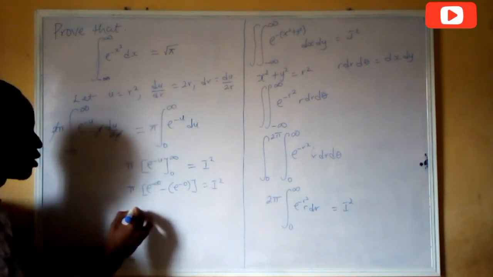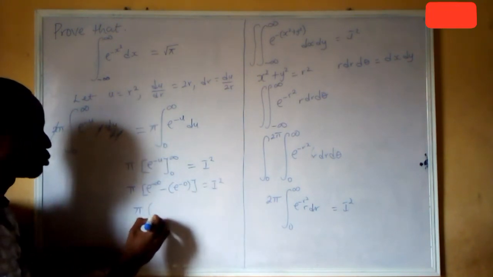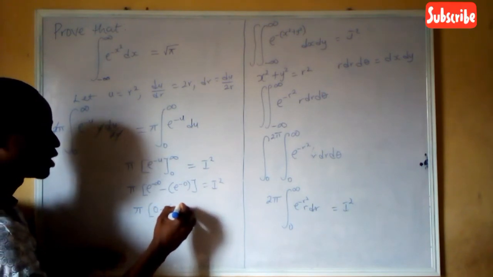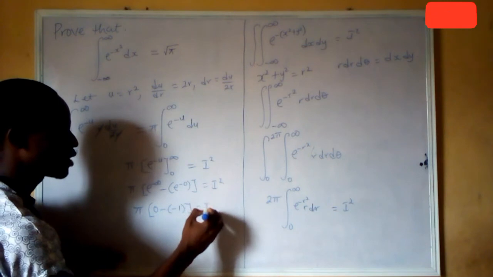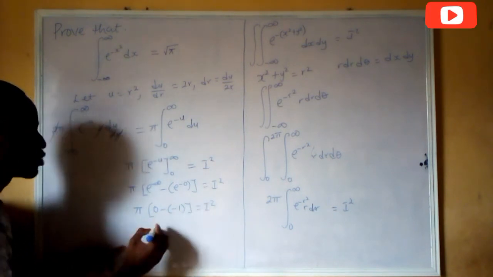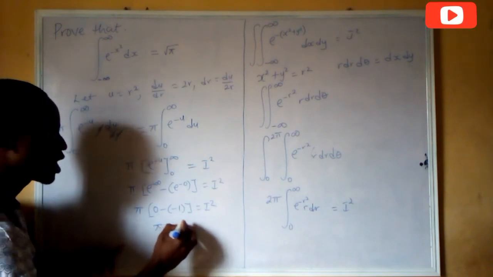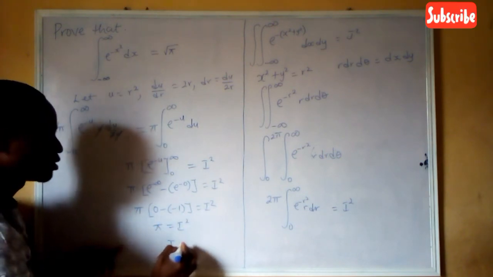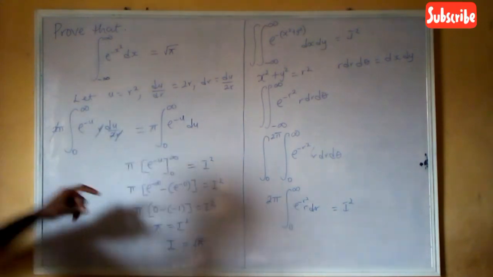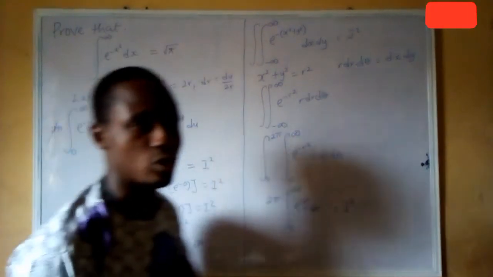So pi times (0 minus 1), all in absolute terms, gives us 1 in the bracket. One times pi gives pi equals I squared. So then I equals the square root of pi. We have actually proved that this integral is equal to the square root of pi.